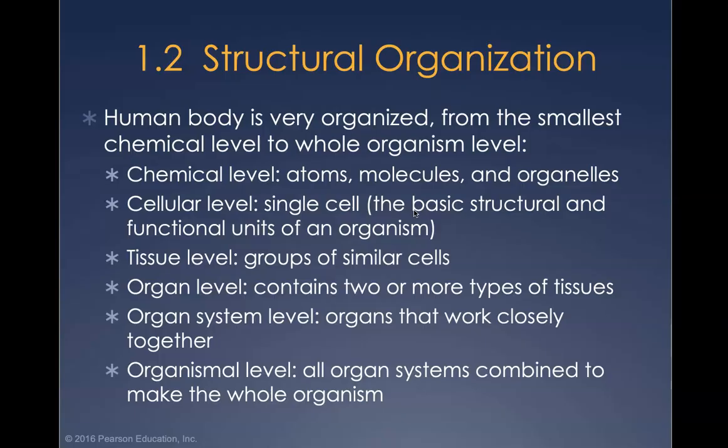Something like the digestive system: it consists of not only the stomach, but also the small intestines, the large intestines, and it's going to include the pancreas and liver. So organ systems are all of these organs that work together for the function of that system. And then, of course, the organismal level is just all organ systems combined together to make up that whole organism.